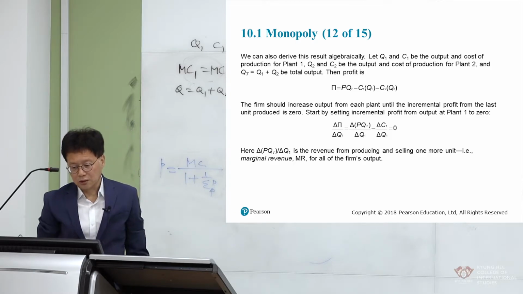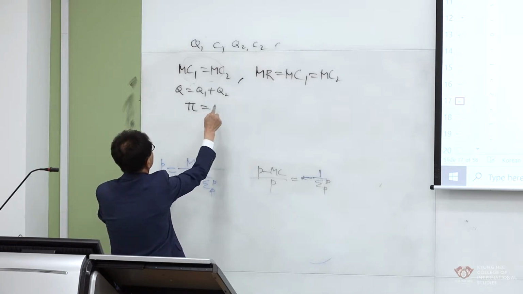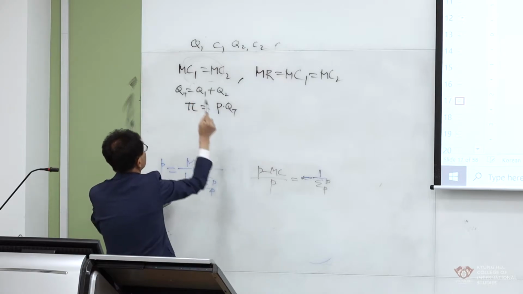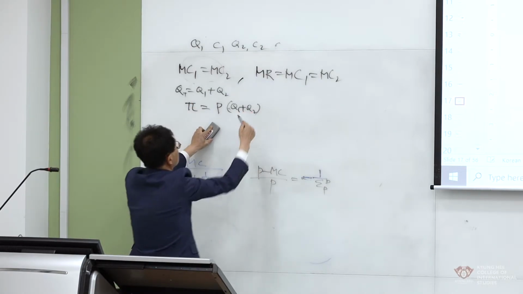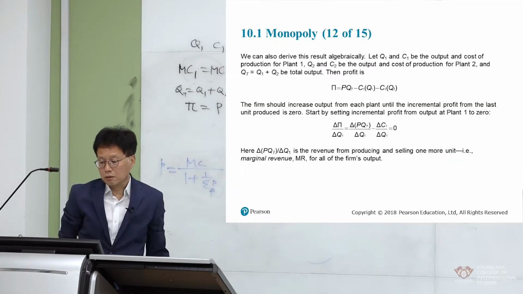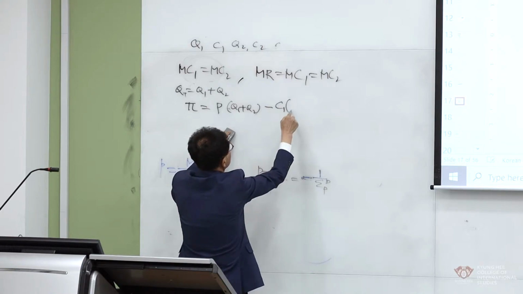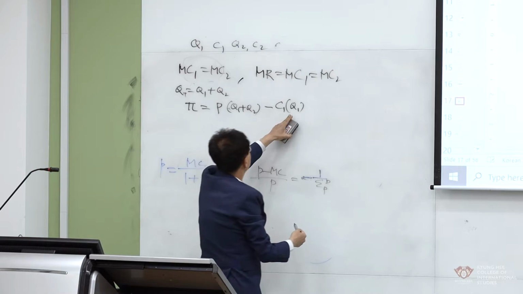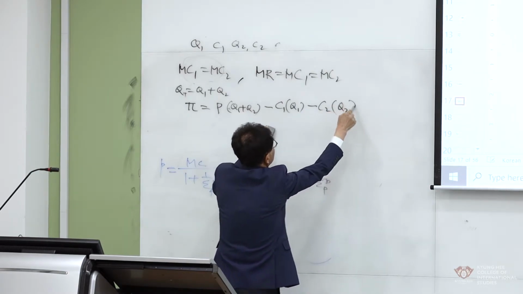Then total profit is price multiplied by Q, where Q is equal to Q1 plus Q2, minus total cost: C1(Q1) for plant 1 and C2(Q2) for plant 2.